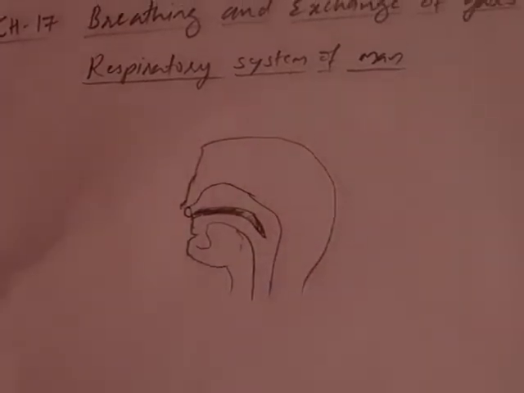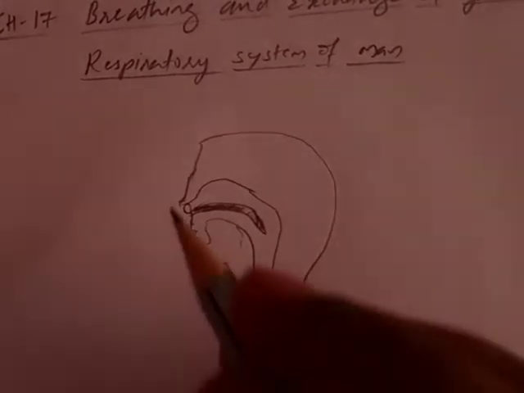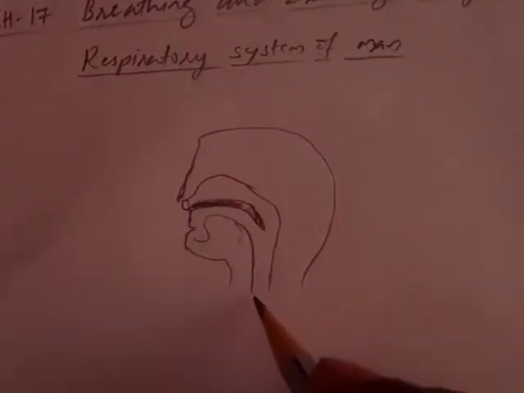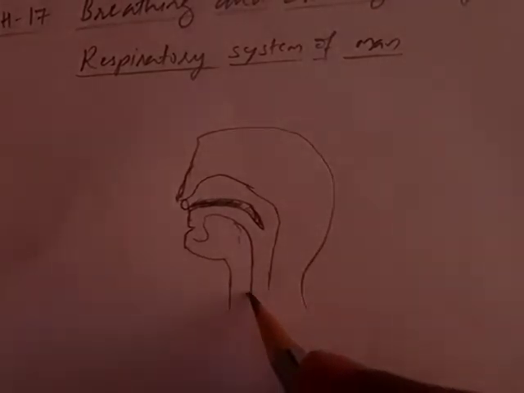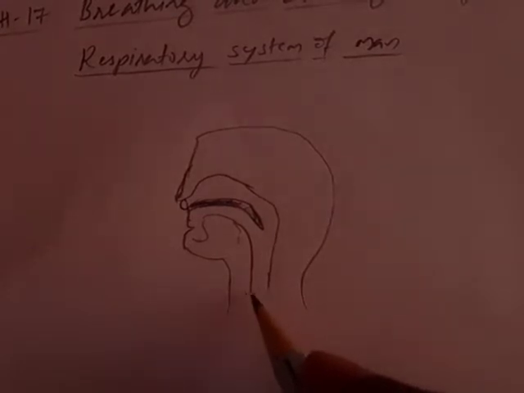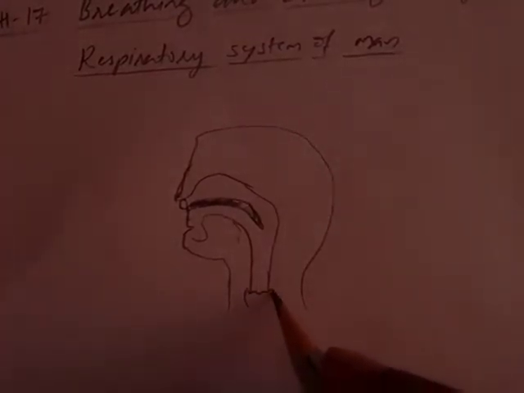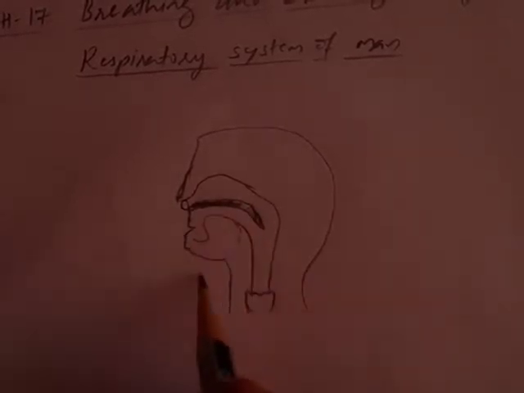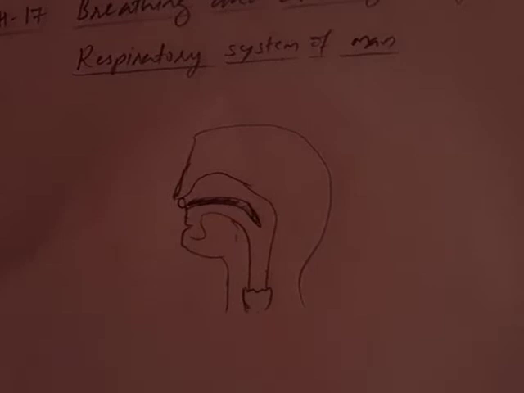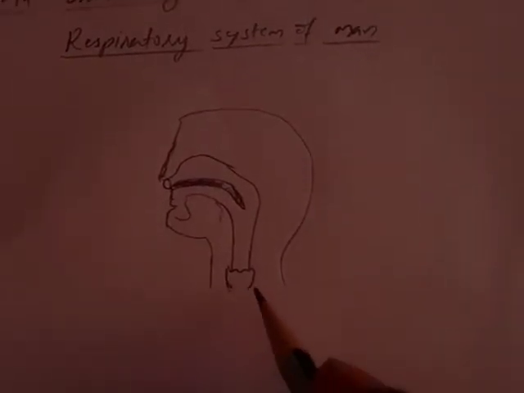In the neck region there is a larynx, also called the voice box, and this is the lateral view of the diagram, and the next part is the actual front view.